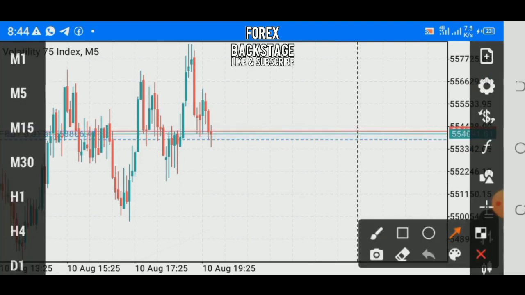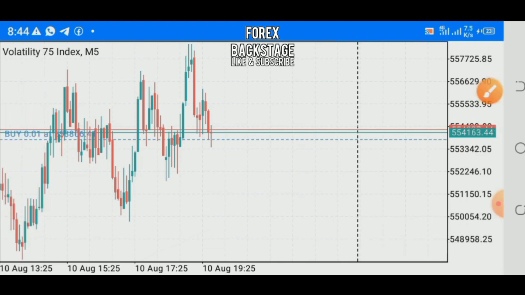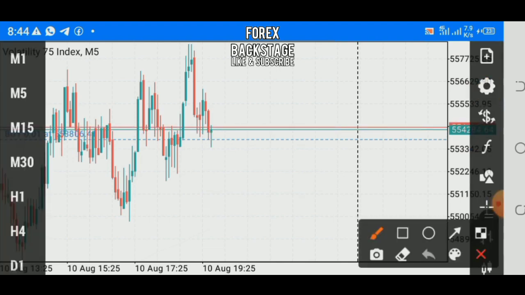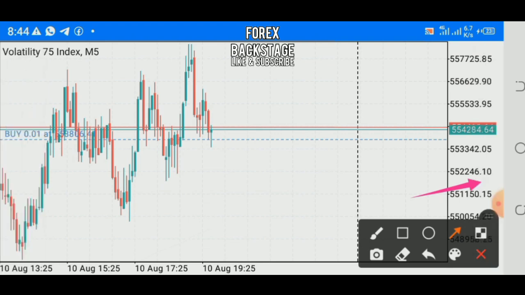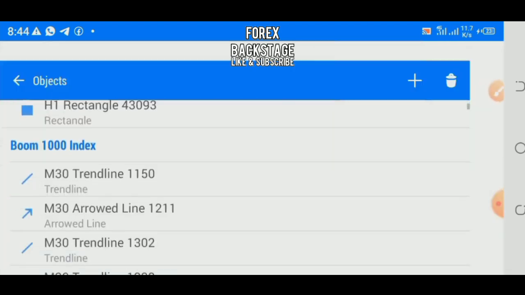Alright, so for you to draw your line, maybe trend line, horizontal line, vertical line, any line you want to draw, you have to go to this icon right here, then tap on it to see your lines. Now when I tap on this icon, I have my lines here.